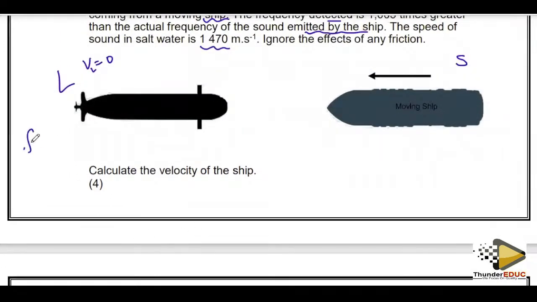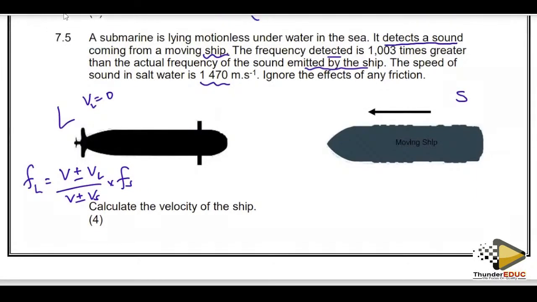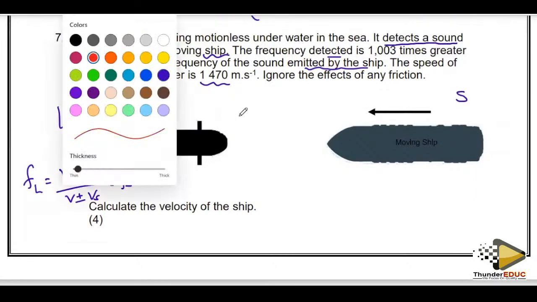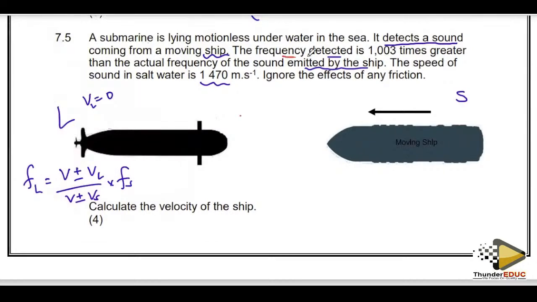Okay, so we know that the frequency of the listener is equal to (v plus or minus vL) over (v plus or minus vS) times the frequency of the source. From the details we've been given, the frequency detected, which means the frequency of the listener, is 1,003 times the frequency of the source.